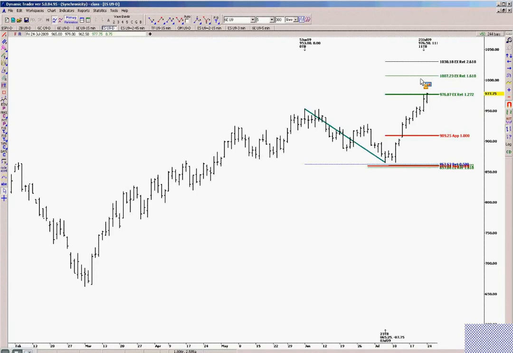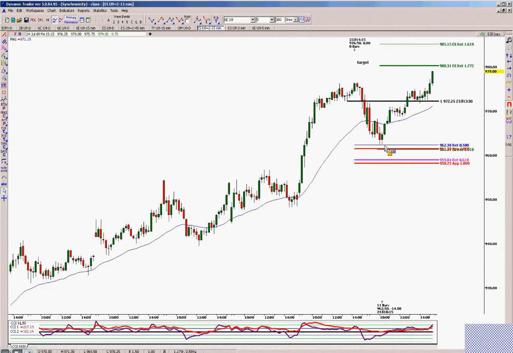Okay, one of the questions is, can you only do one entry per setup, or can you try more than once? You can absolutely try more than once. If there is a setup, on this 15-minute chart in the ES that I'm going to show you, this was that setup from yesterday.